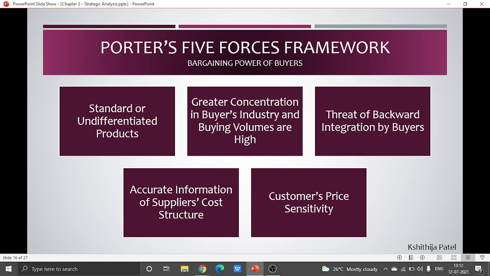Then there is accurate information of the supplier's cost structure. A customer who is more informed about the supplier's cost structure is capable of negotiating with suppliers. Whenever such customers notice a decline in the supplier's cost, they too would negotiate a proportionate decrease in the price.